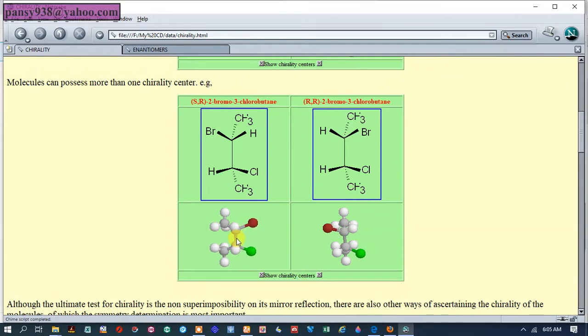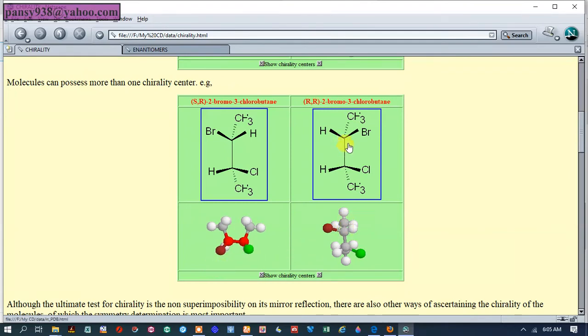You can see the three-dimensional image, and by rotation you can see all angles which are present and attached to this molecule.